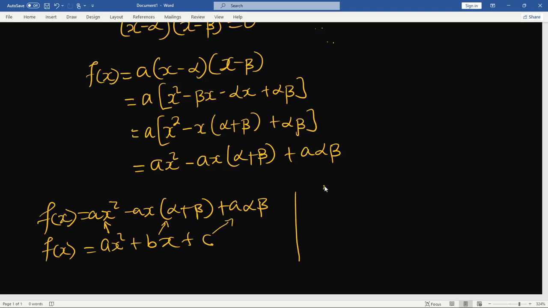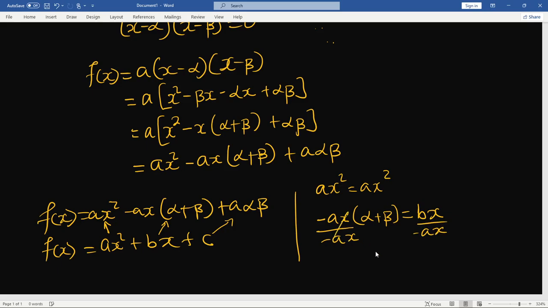So ax² is equal to ax², and we've shown the first part, x² equals x². Then -ax(α + β) should be equal to bx, because it's the sum that we need in the middle. Then we divide by -ax, we also divide by -ax on this side.